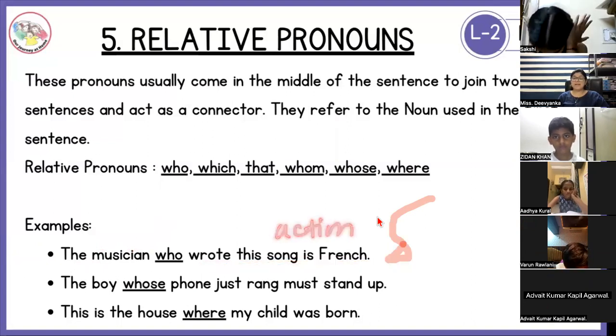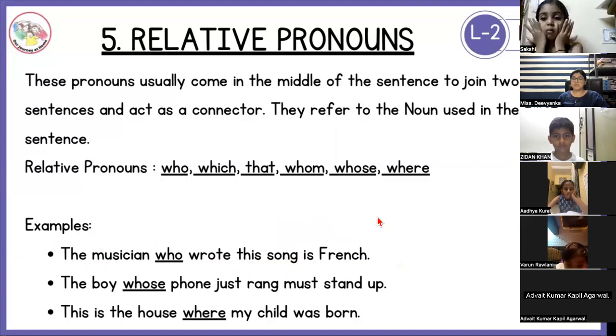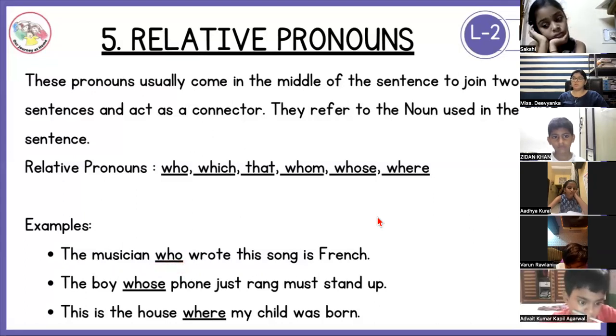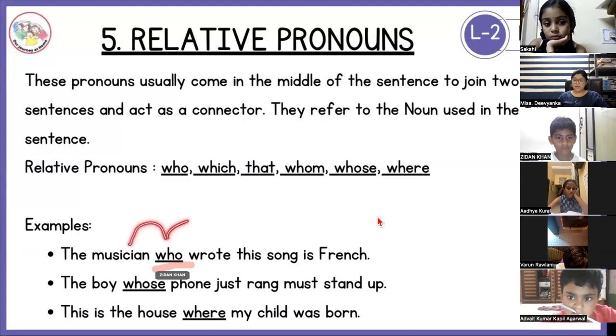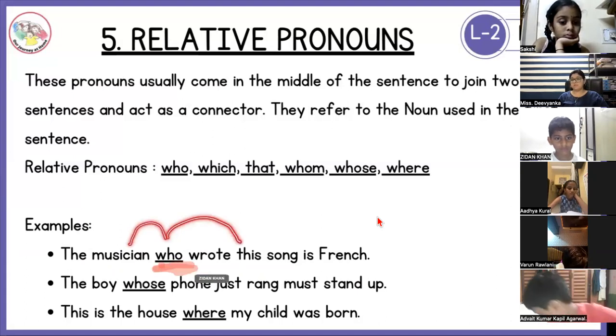So this is the predicate portion of the sentence. So when a subject needs to be connected to the predicate portion of the sentence, what do we use? We use the relative pronoun in between the two. So the word who tells us about the subject and whatever the subject did.